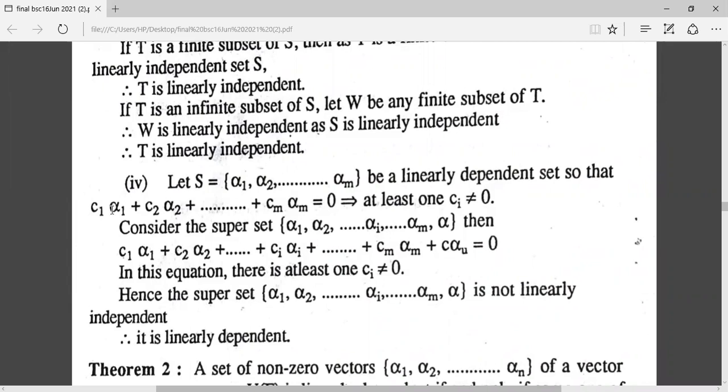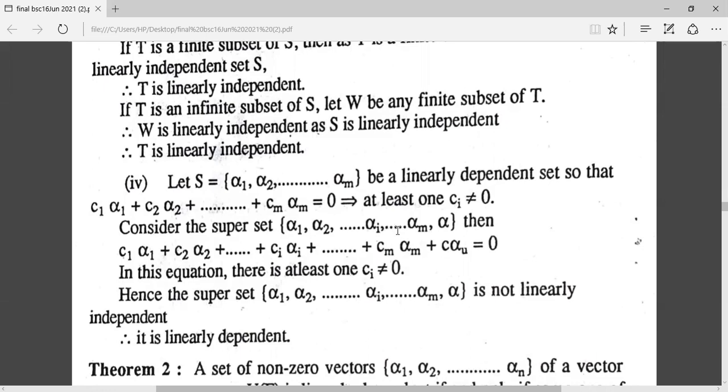Obviously, because here what is S? S is linearly independent. This implies C1 alpha 1, C2 alpha 2 to Cm alpha m equals 0 implies at least one Ci is not 0, as mentioned here itself. That also holds for this because Ci is also here. Therefore, there exists one Ci not equal to 0.